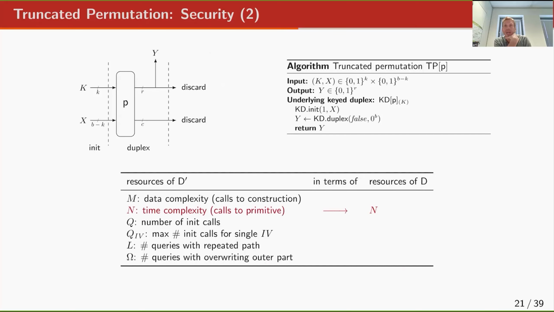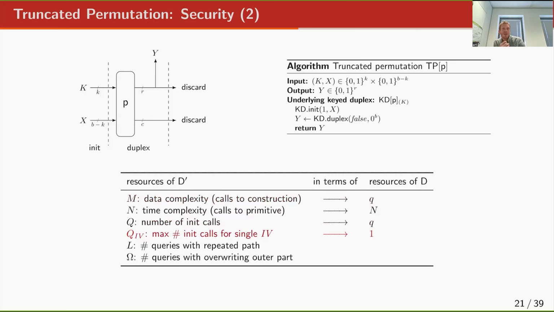What about D prime? Well, N is the same. N is the number of permutation calls. Now, capital Q and capital M, those are the number of initialization calls and the data complexity, the number of construction calls. That's just the same as the small q of D, because every time the distinguisher makes a new truncated permutation call, this induces one initialization and one duplexing call.